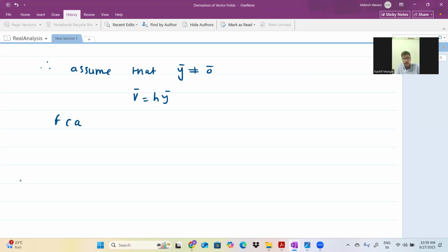So f of a bar plus v bar, instead of v bar I will write h y bar. I will shift f of a bar to the other side. This is equal to T of v, so I'll write T of h y bar, plus the norm of v term. Here v is h y, so I'm putting v equal to h y there.